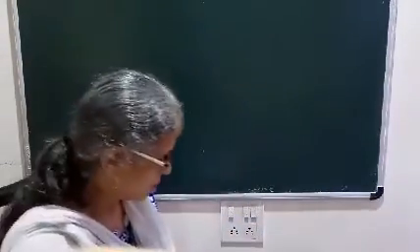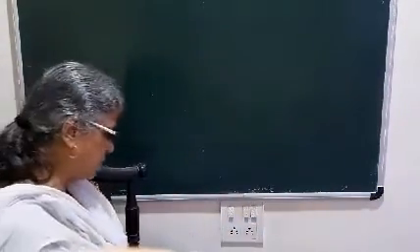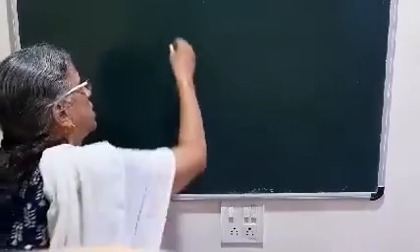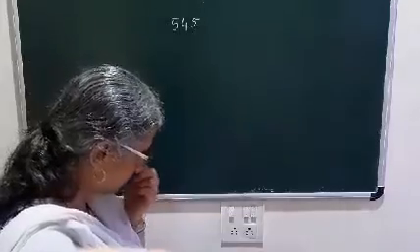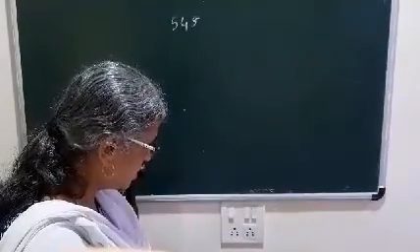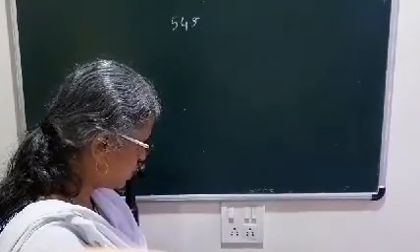So here they have given the taxable amount. Yesterday we saw how to find the taxable amount also, but here they have already given this 545 as the taxable amount, and the GST charged is 5%.